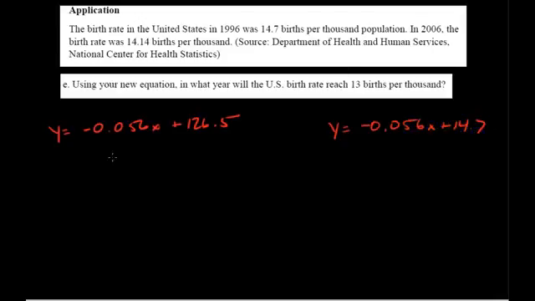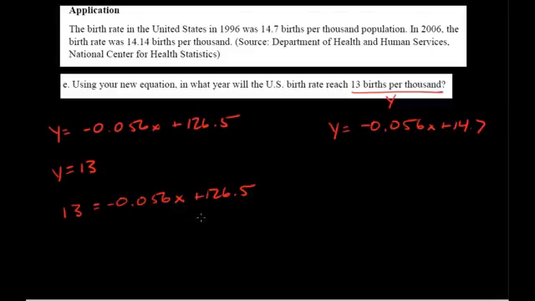In this situation, we know that y is equal to 13 because it says births per 1,000, so that means we're talking about y. So I'm going to plug in 13 for y, and let's see what happens.